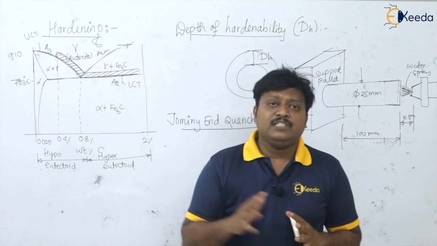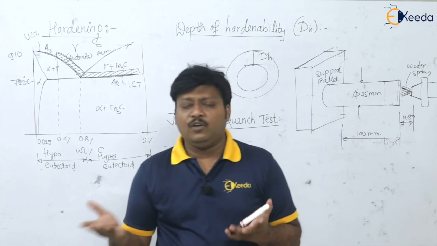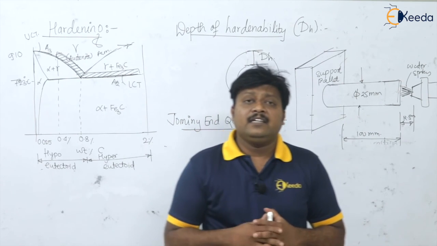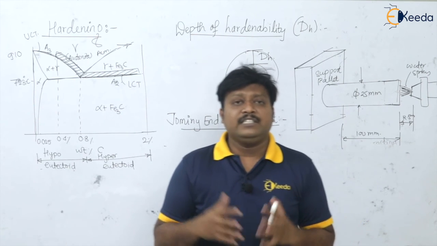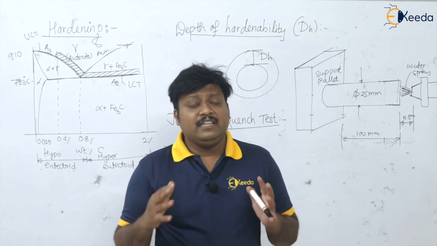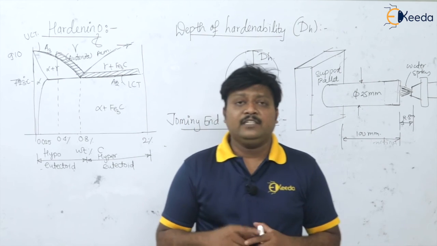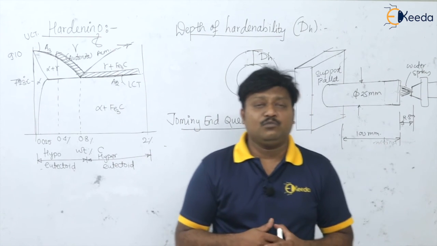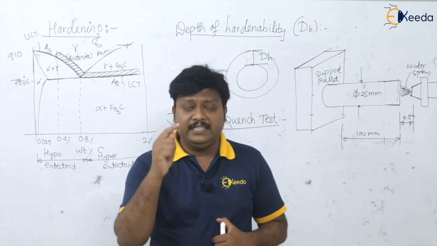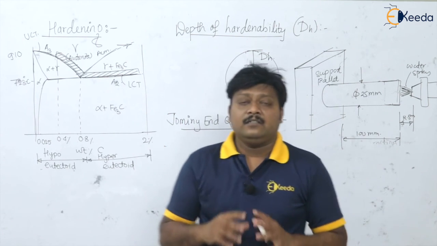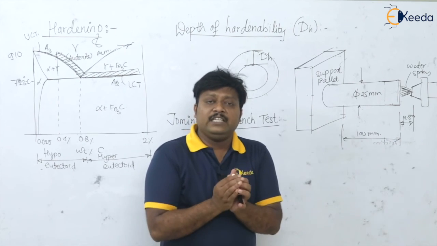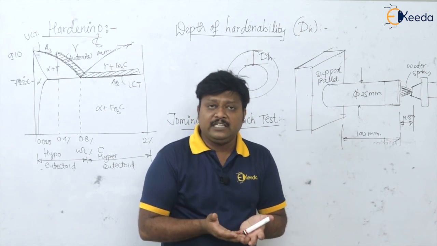We are rapidly quenching it into a water bath, oil or salt bath, and definitely the phase we get after quenching is martensite, which is very hard and brittle. We cannot directly use it, so we have to go for a subsequent heat treatment process after hardening, that is, tempering, isn't it?